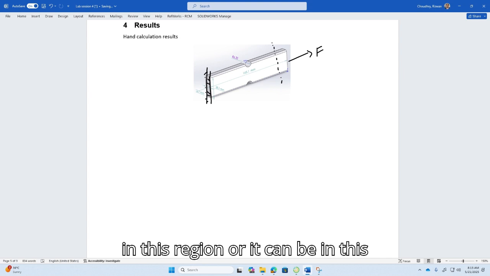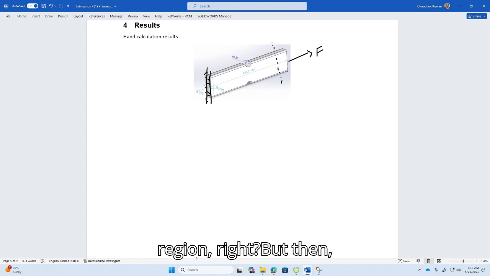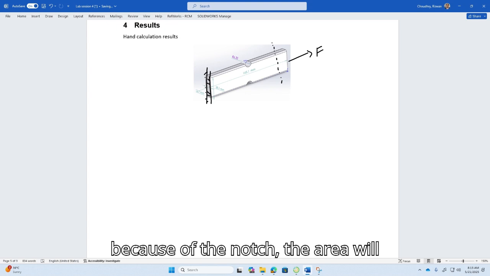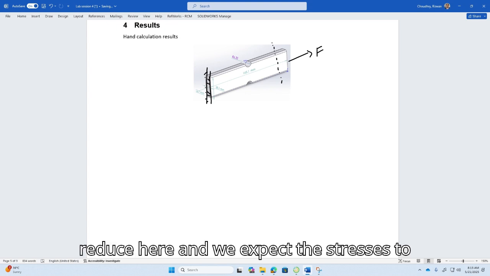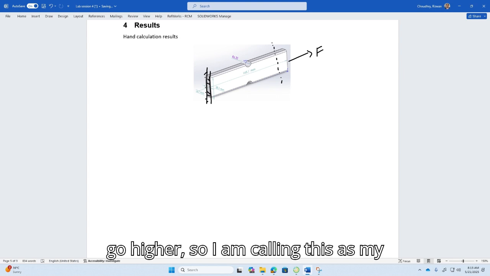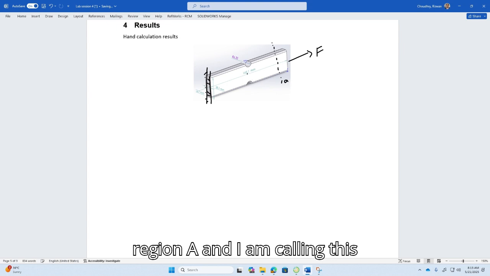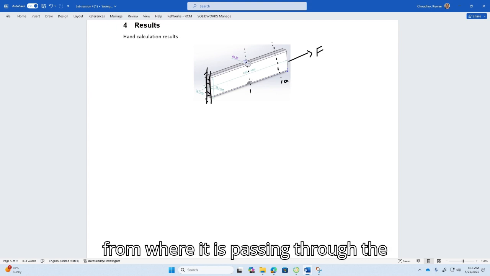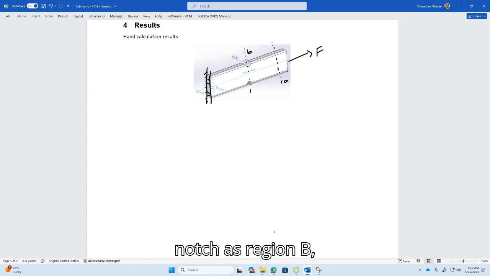It can be in this region or it can be in this region, right? But then because of the notch, the area will reduce here and we expect the stresses to go higher. So I'm calling this my region A, and I'm calling this, where it is passing through the notch, region B.